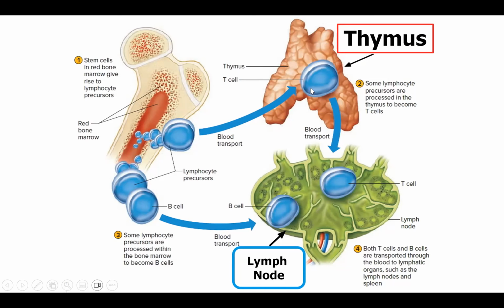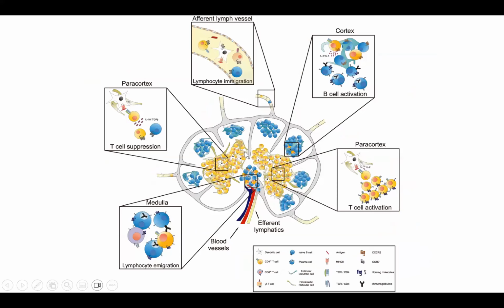Now, the B cells and the T cells go to the lymph node, and they domicile in different locations. Remember what the previous slide showed. The T cells domicile in the paracortex, and there's actually a boundary called the BT zone.